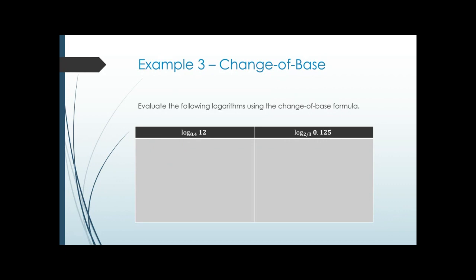This is a little more useful here. Evaluate the following logarithms using the change of base formula. So this is where you're given some log in a base that you can't do on your calculator, and then you want to convert it to something that you can do on your calculator so that you can evaluate it. You can choose whether you want to do log or natural log.